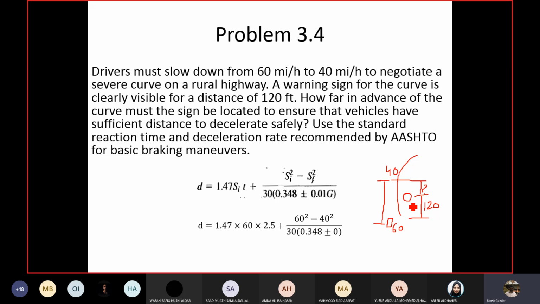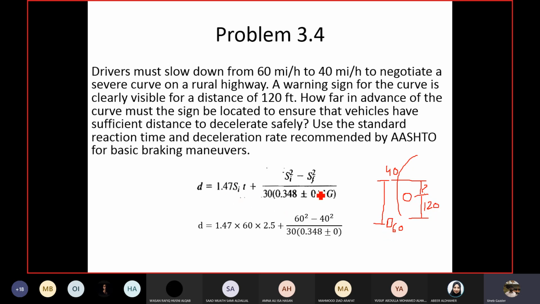So it will take some time for perception reaction. Like I said previously, when you are calculating the distance from the point where you see an object, there should be the total stopping distance, not the braking distance. So in this case, he sees the sign from 120 feet and he will then start to think and to slow. So we will use the total stopping distance equation.